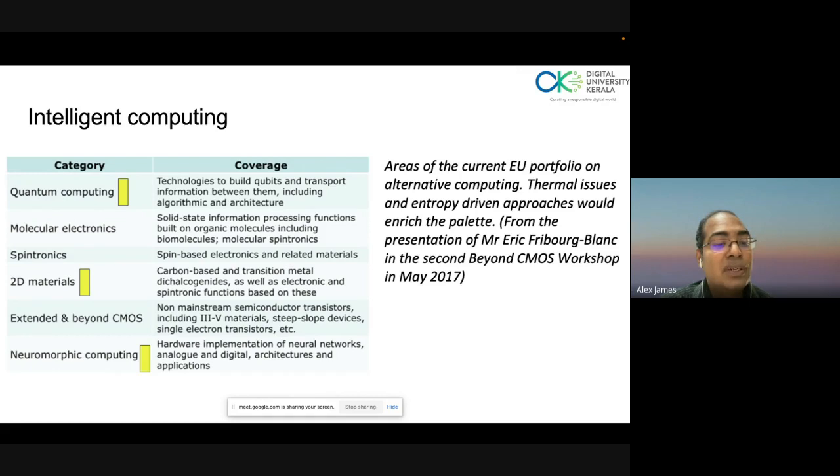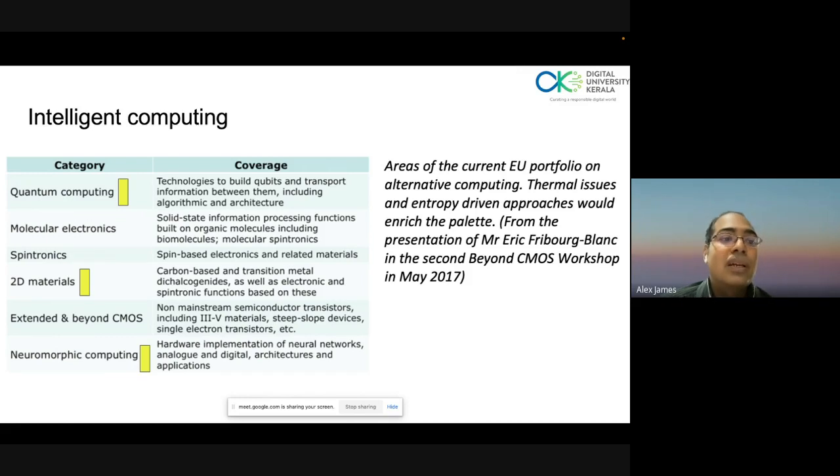So neuromorphic is definitely one of the ways you could go further. Then the exploration of 2D materials to make the devices better or the electrodes better will all help quite a bit.